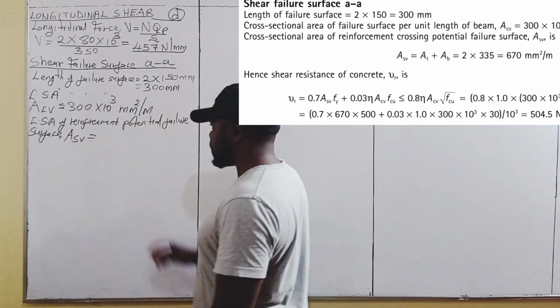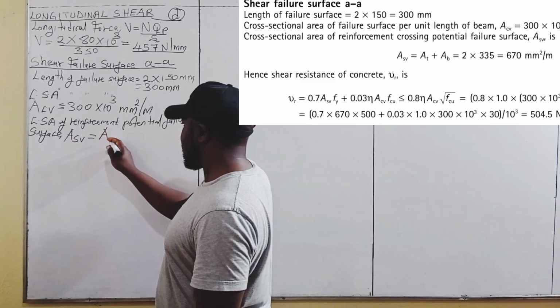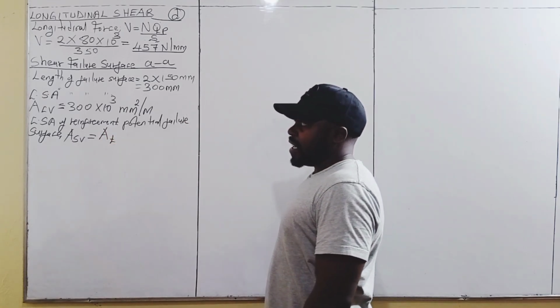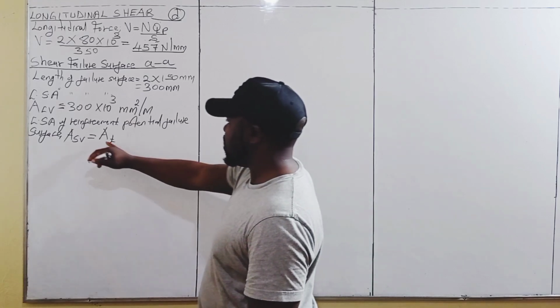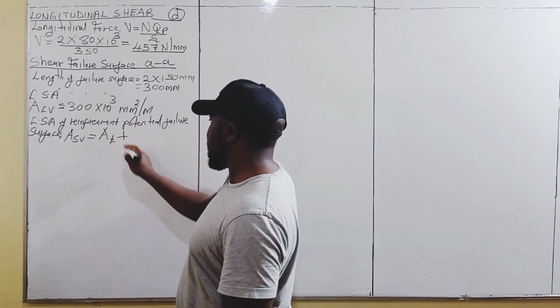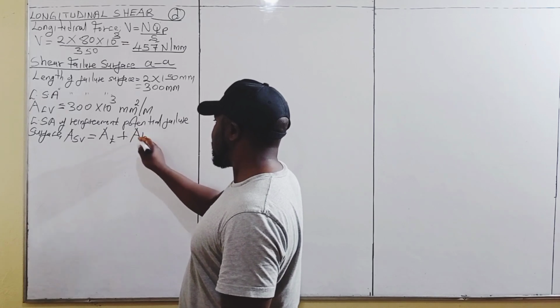And ASV will be given by area of tension stress of the bolt, plus the area of the bolt.